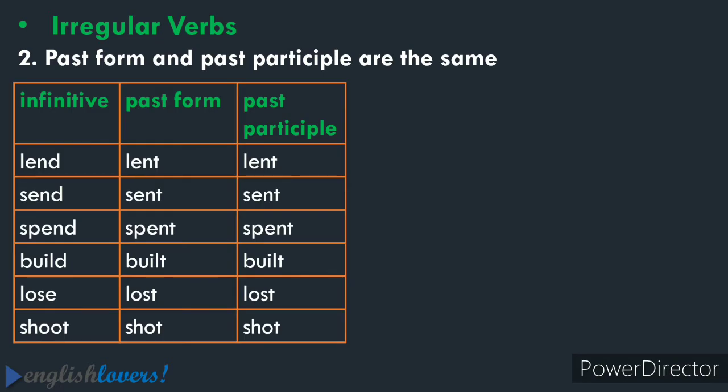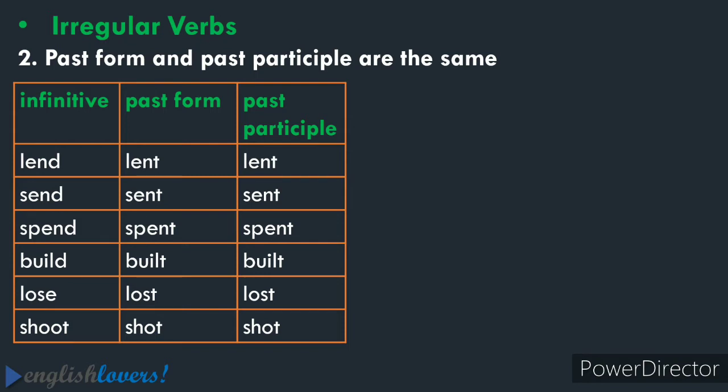Here are the infinitive, past form and past participle of some verbs. Lend, lent, lent. Here you can see that past form and past participle are the same. Lend means to give something for temporary use.